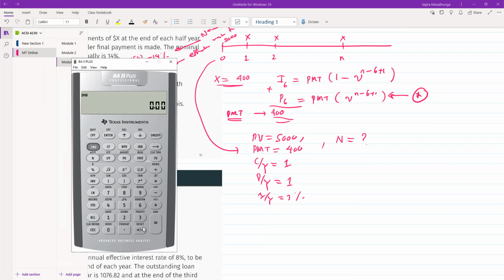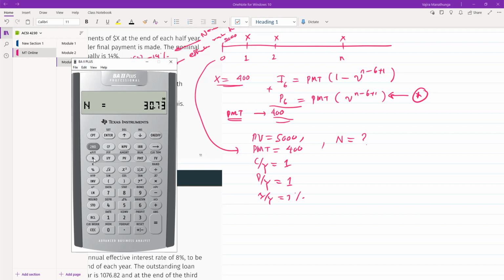Second reset. Present value is 5,000. I'm making payments, so it's like out of my pocket, so it's negative 400. Then the rate is 7%. And then second I/Y, payment per year is 1, compounding per year is 1. Future value is 0. And then compute n.